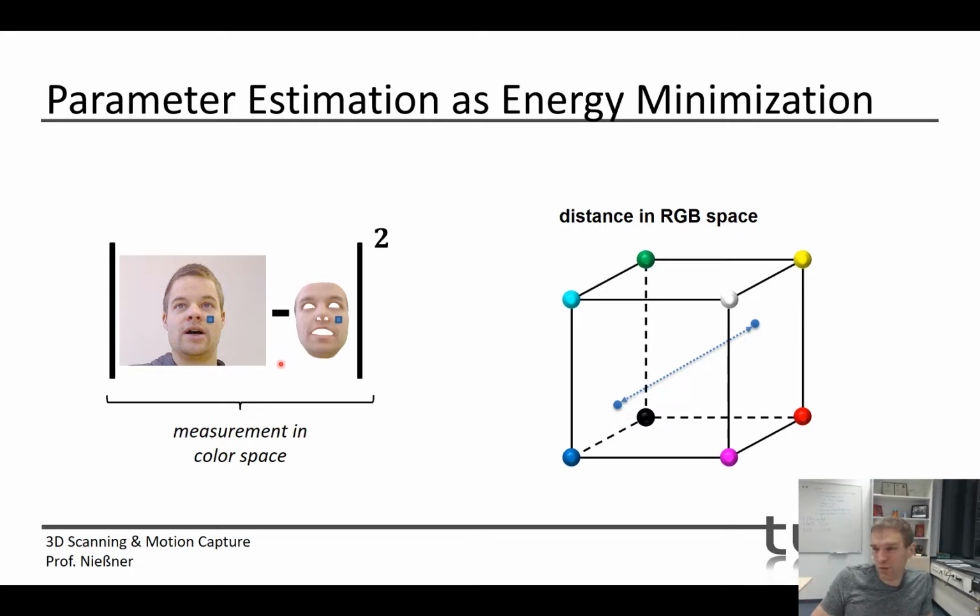You can even use any other norm to compare the color values. You can even use gradients to get a little bit more robustness towards white balance changes and so on. But the bottom line is there are a lot of different things you can do to compute this photometric term. I don't want to provide the definitive answer here. There are a couple of different versions of it. I just wanted you to be aware that there are a few options you can choose from, depending on what kind of setting you have, what cameras you're using, and stuff like that.